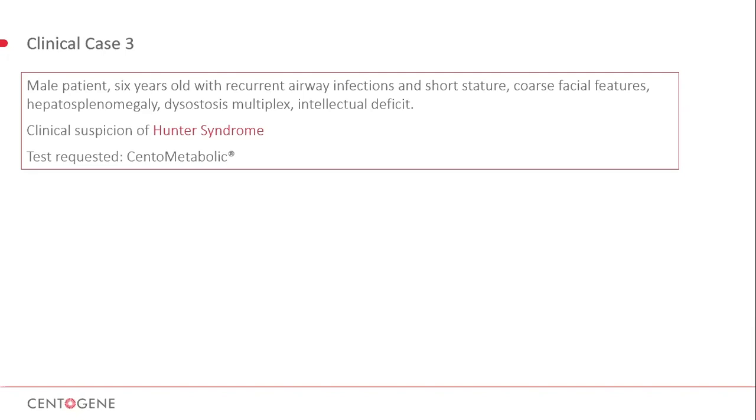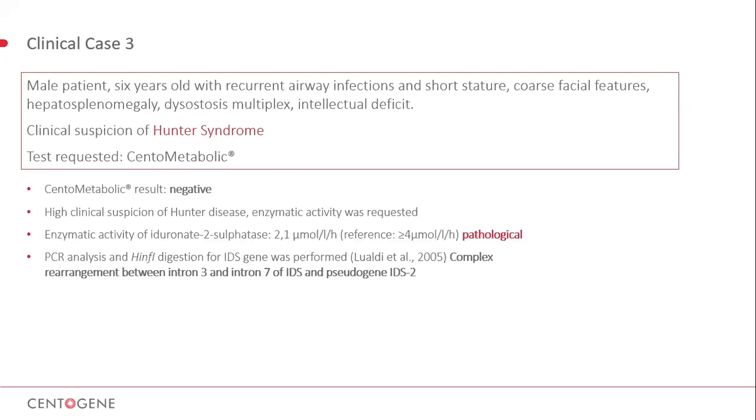In this case, the physician suspected Hunter syndrome, so requested a CentoMetabolic, and the result was negative. But due to the high clinical suspicion, they requested the enzymatic testing, especially for iduronate 2-sulfatase, which we found to be at pathological levels. So the diagnosis of Hunter was made.